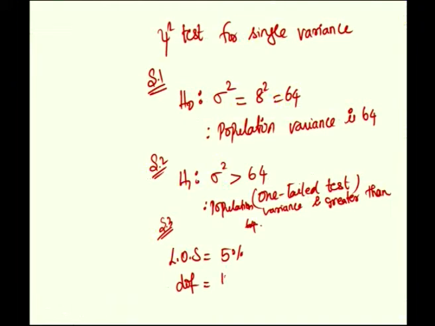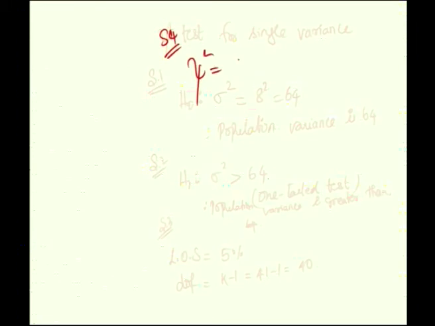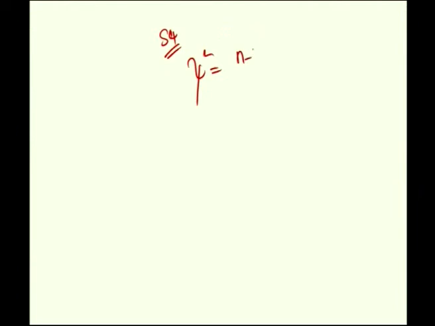freedom is n minus 1. So 41 minus 1 is 40. Chi-square is equal to n minus 1 into s square by sigma square. n is 41.